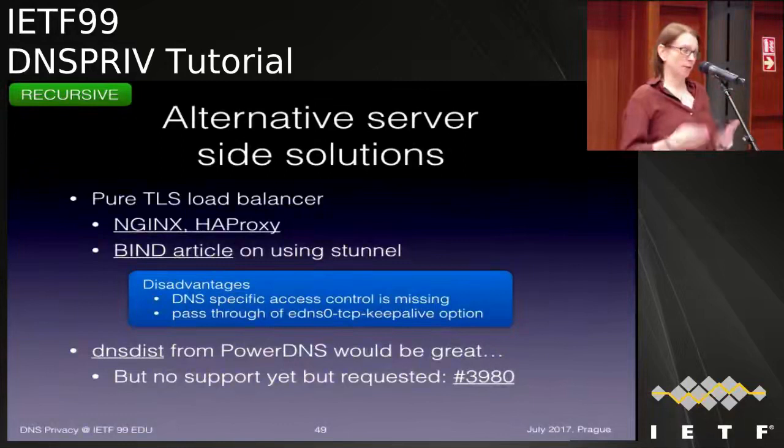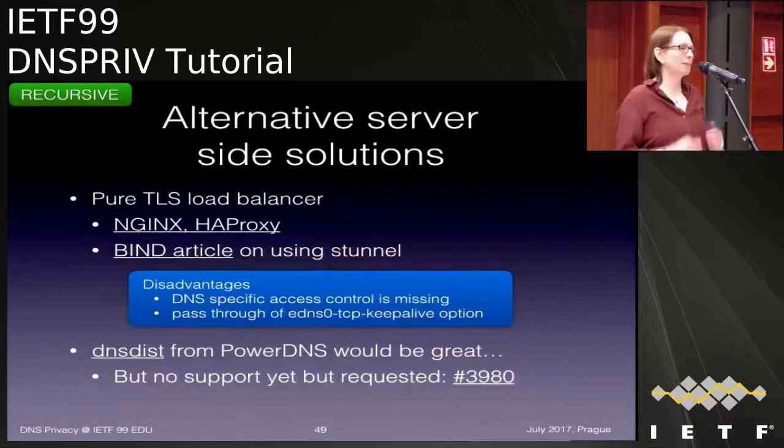And there are lots of proxies out there, Nginx, HAProxy. The Bind team have actually produced an article in their knowledge base for how to put stunnel in front of Bind. And this can work really well, although there are some disadvantages because, of course, that load balancer isn't DNS aware. It's rather blindly passing through some DNS options that would normally be catered for by the DNS server.